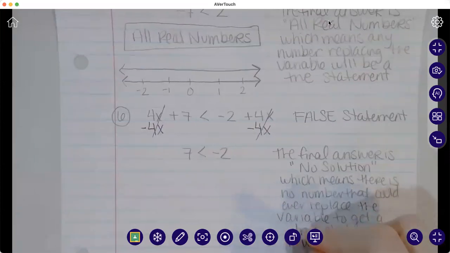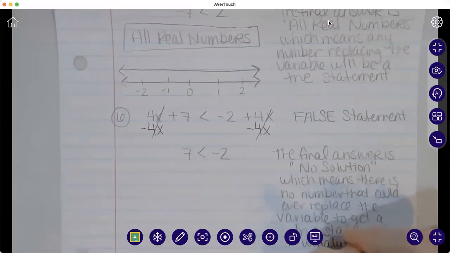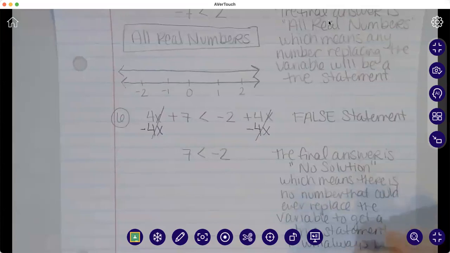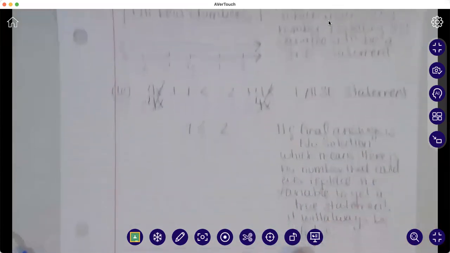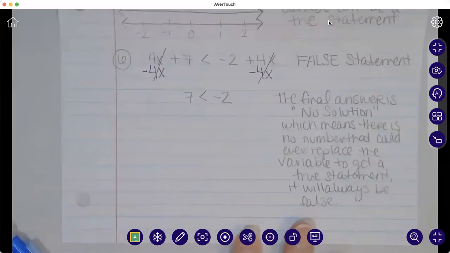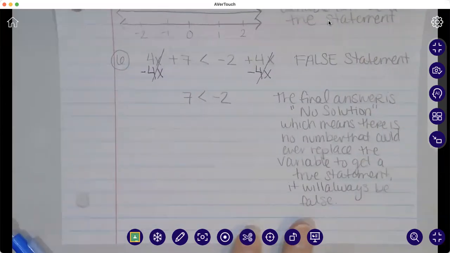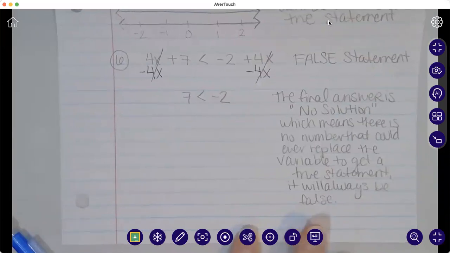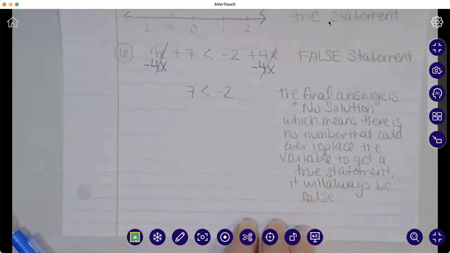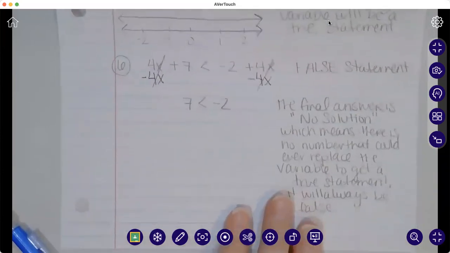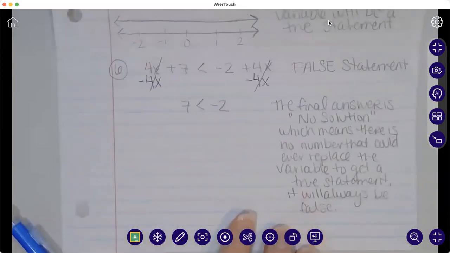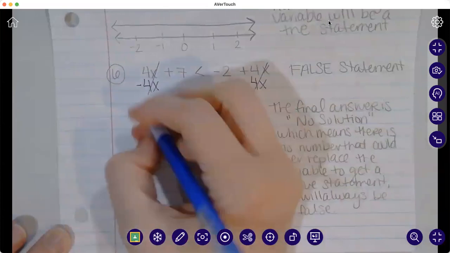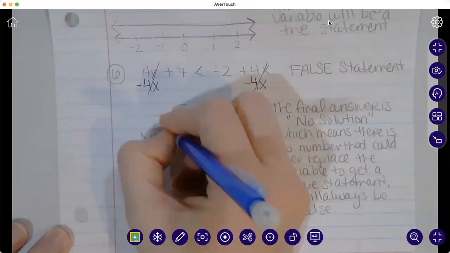It will always be false. The final answer is no solution, which means there is no number that could ever replace the variable to get a true statement. It will always be false. So my final answer again is no solution.